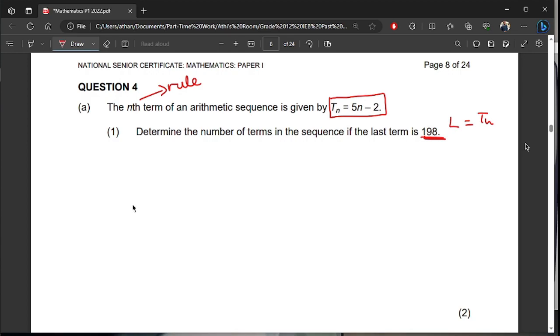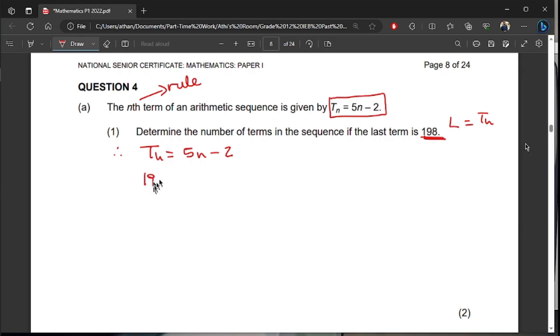This is one of the questions in the lower grades. They ask it as, what term will equal 198? Now we're going to look for that term. So it's Tn equals 5n minus 2.